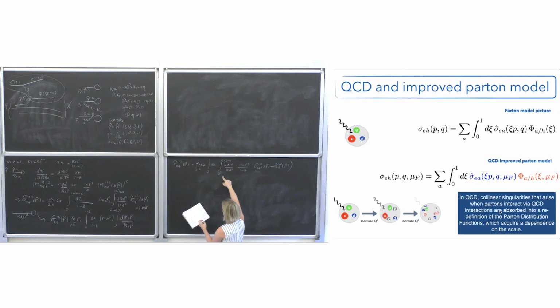So now I'm going to split this integral between lambda squared and mu F squared, which is my factorization scale, and mu F squared to kT squared max, okay?